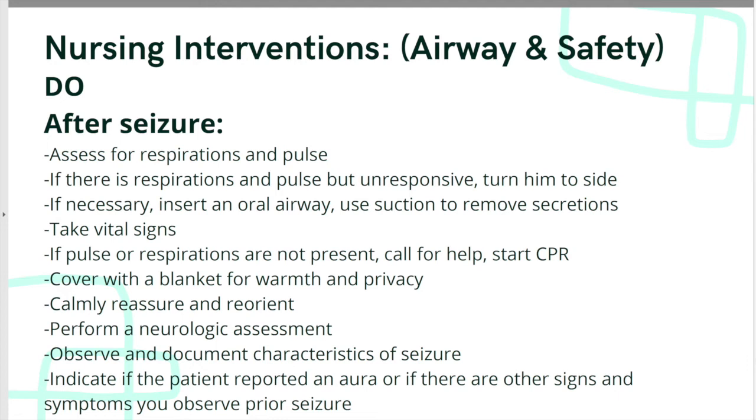If necessary, also insert an oral airway and use suction to remove secretions. And we need to take vital signs. If pulse or respirations are not present, we need to call for help and start CPR. Next, we need to cover him with a blanket for warmth and privacy.